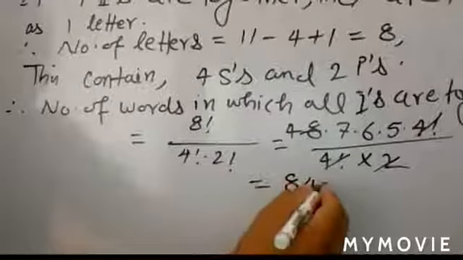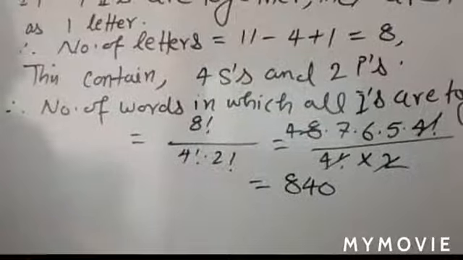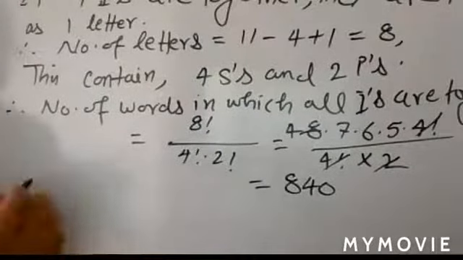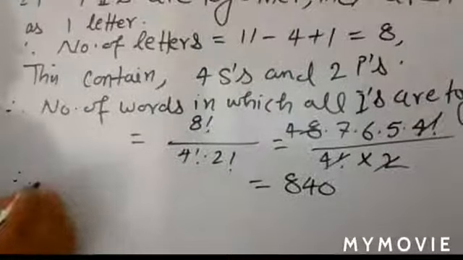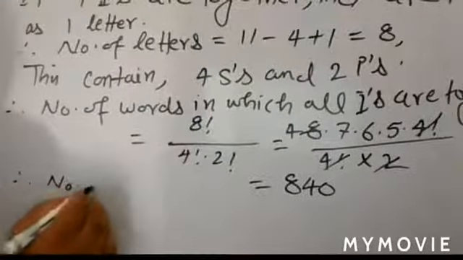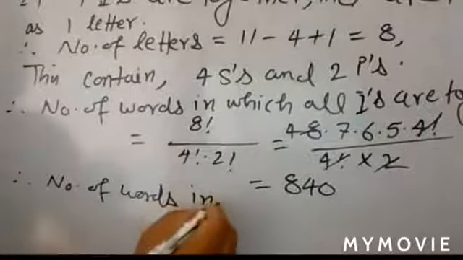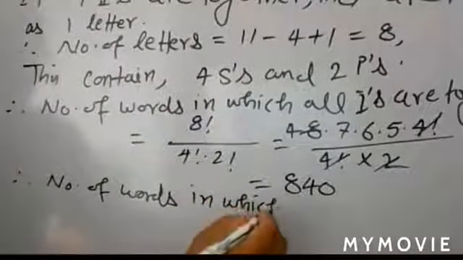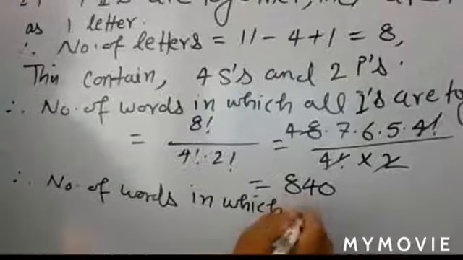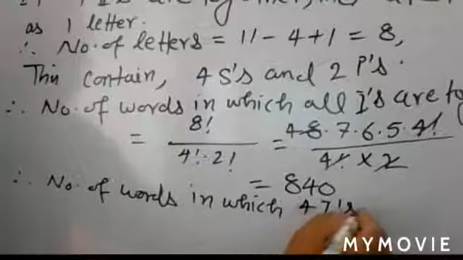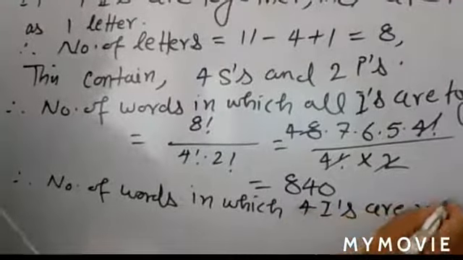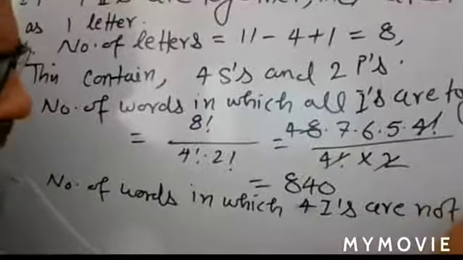So 840 words are there in which all the 4 I's are together. Yes, you can write your final answer. Hence, the number of words in which 4 I's are not together.